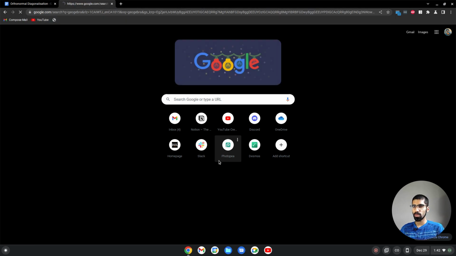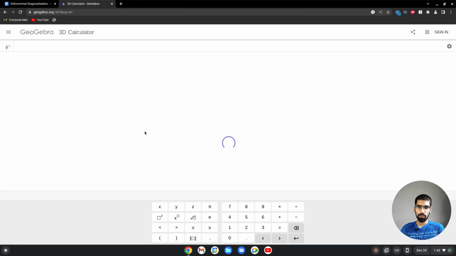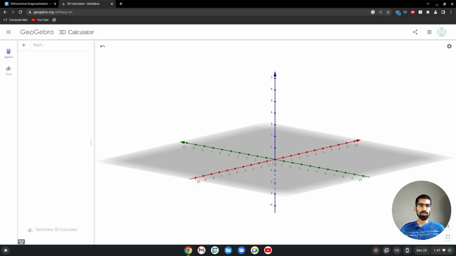So I'm going to open up Geogebra here, which is a graphing platform. Okay, so I have Geogebra open here. Let's just talk about the visuals of the Gram-Schmidt procedure that we're using to get orthogonal vectors.